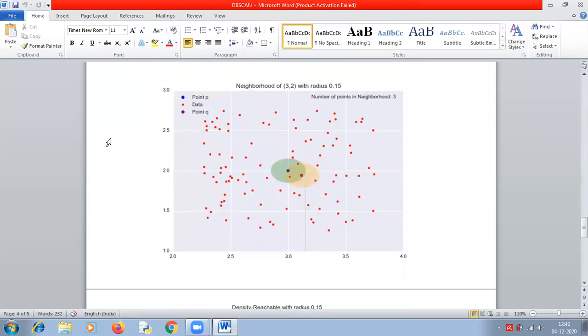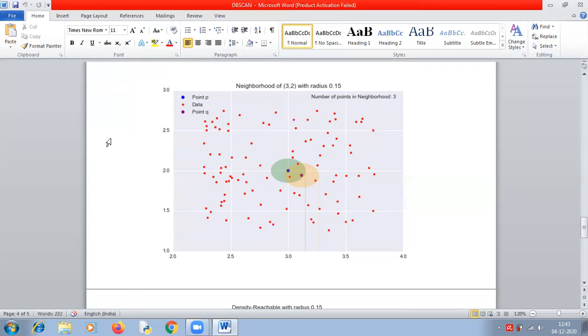You can see here we have defined one more point Q. This point is directly reachable from P. You can see a yellow circle. It represents Q's neighborhood.